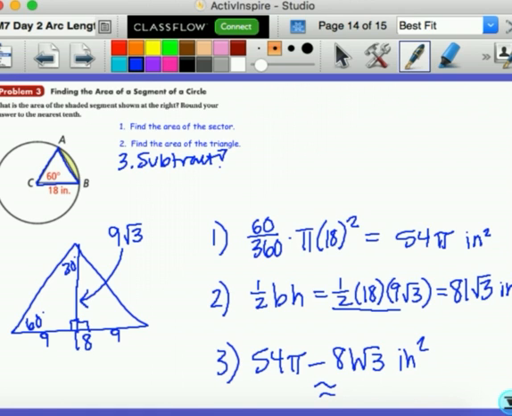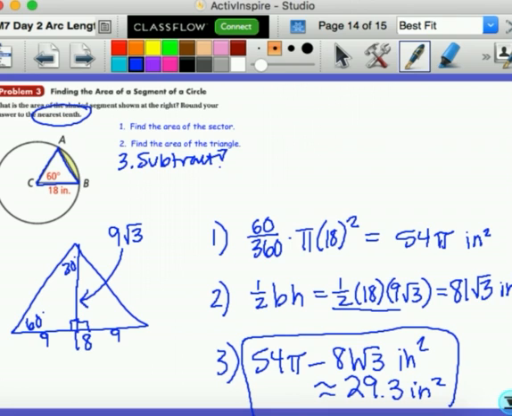But they do say up here we're going to round to the nearest tenth. So now I'm going to type in my calculator 54 pi minus 81 square roots of 3. And I'm going to end up with approximately 29.3 square inches. So again, if they don't specify, either of those are okay. Since they said the nearest tenth, the last option there would be better.